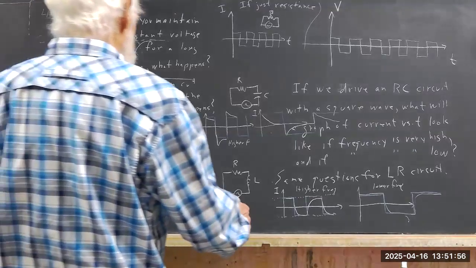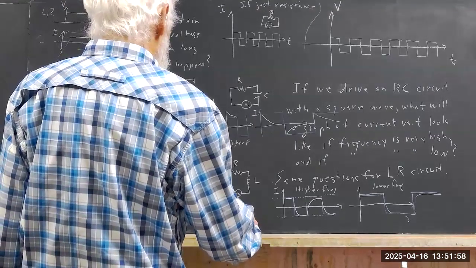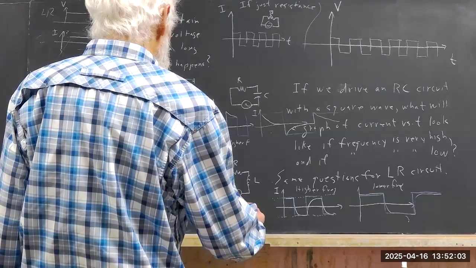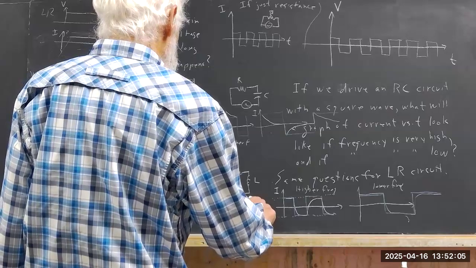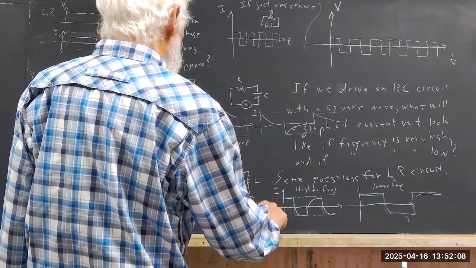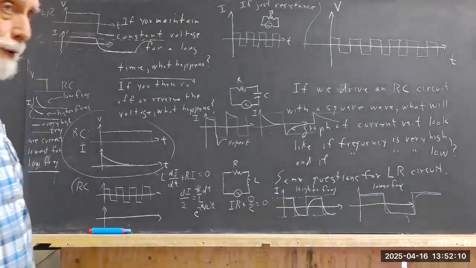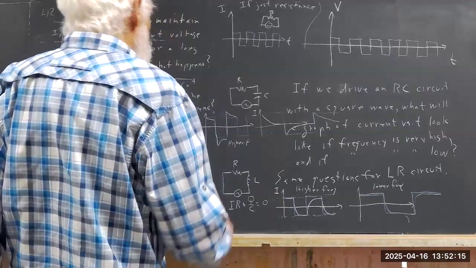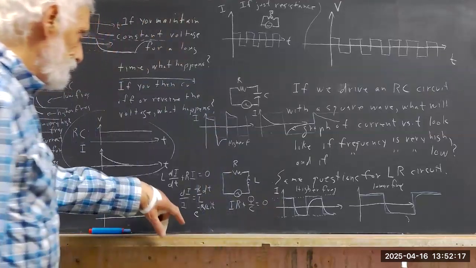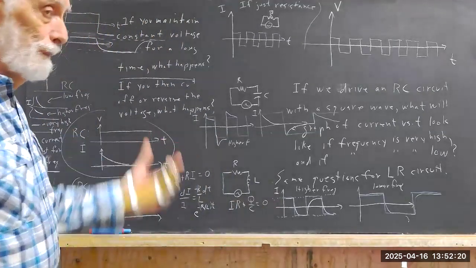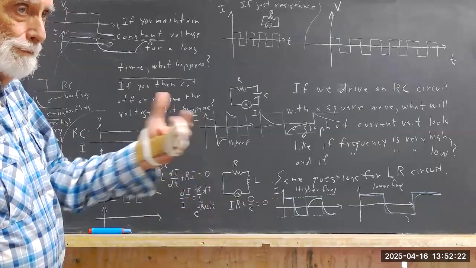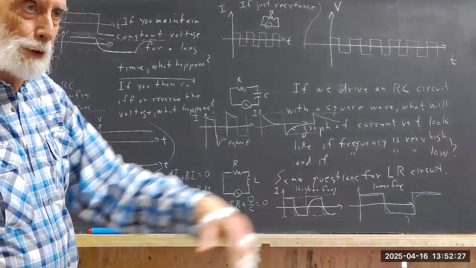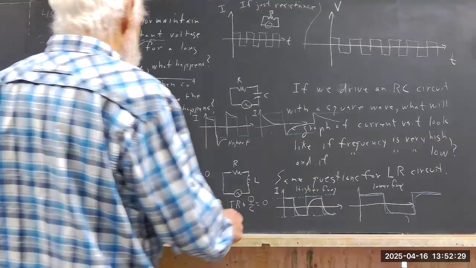And for a capacitor, this is for the homogeneous case. We haven't talked about the non-homogeneous case yet. Your natural response, when you have no voltage, is going to be approaching zero. It's going to be an exponential that, as time increases, exponentially approaches zero.